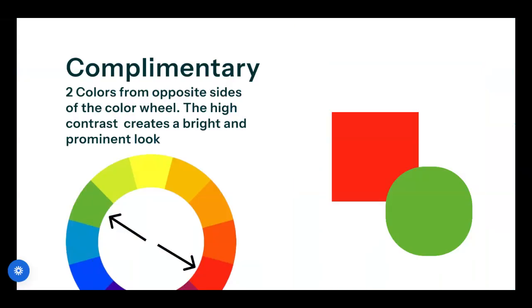The next up is the complementary color scheme. Complementary color scheme means you pick two colors on the opposite sides of the color wheel. For example, green and red, blue and orange. This creates a bright, high contrast color scheme.